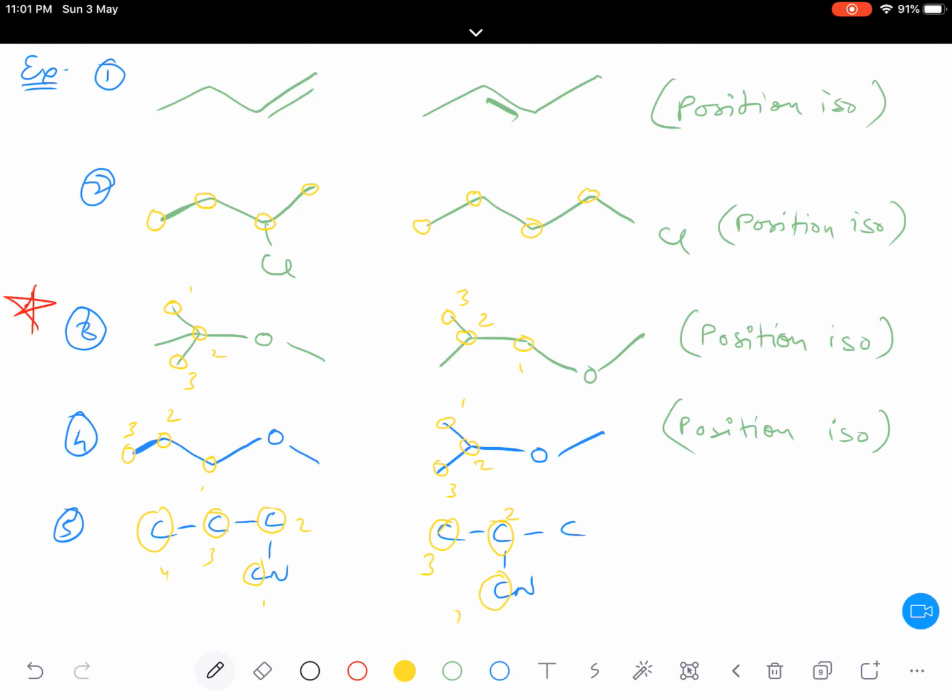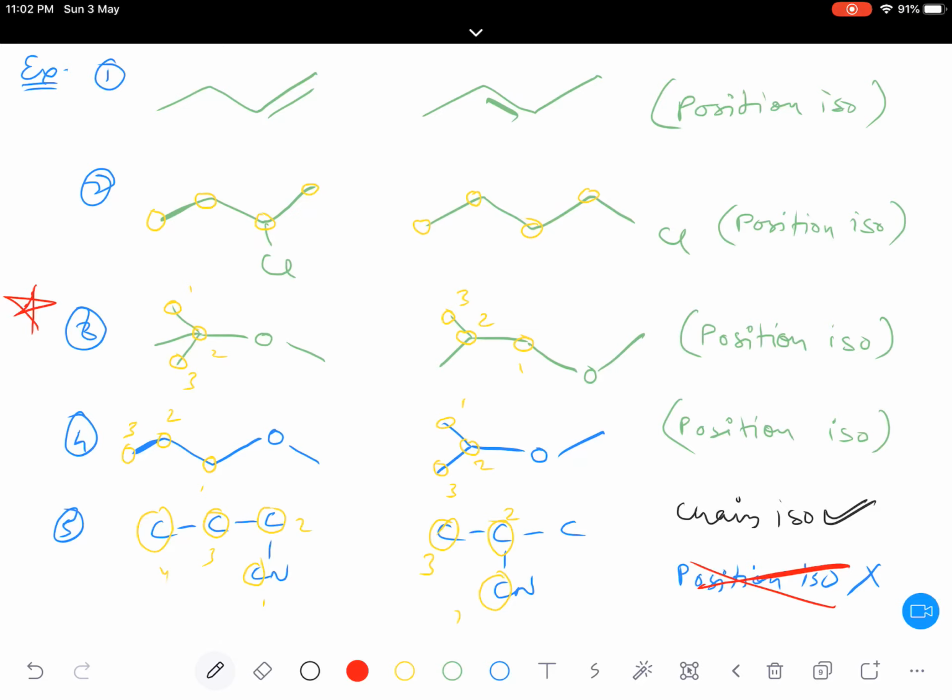So here the chain itself is changing. So these two are chain isomers, not position isomers. Never write these two as position isomers.